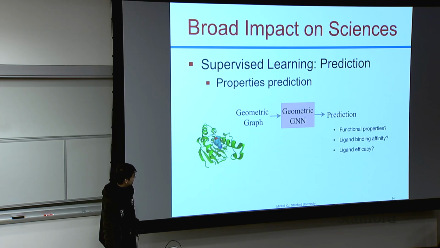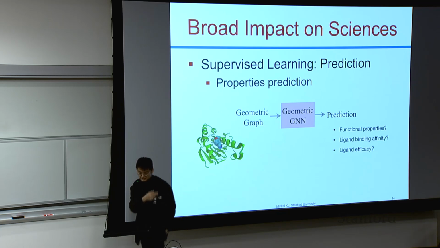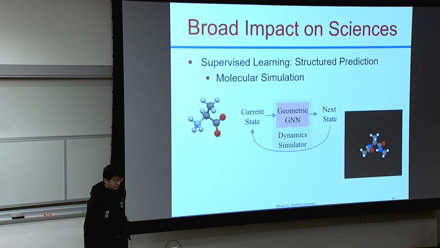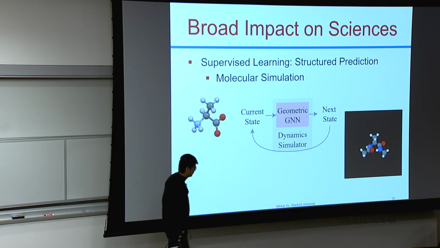Okay, so this one is for single number prediction, for example, some property. So we just predict a value. Here we also have some other applications. In computer vision, we usually call this kind of application a dense application.